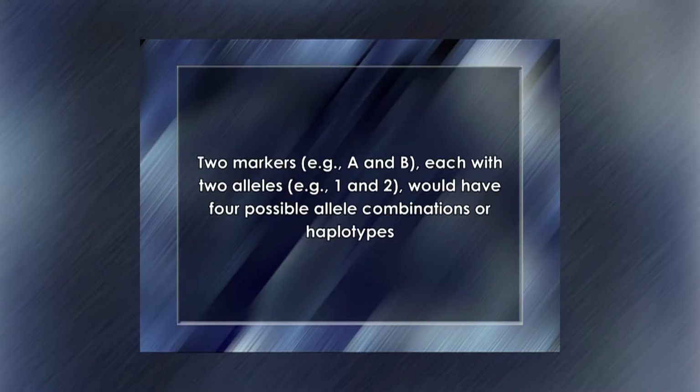Marker genotypes are assigned to all individuals starting with the founders. Two markers, for example A and B, each with two alleles, for example 1 and 2, would have 4 possible allele combinations or haplotypes. For each haplotype, 2 conditional frequencies must be designated, one in the presence of the disease allele and one in the absence of the disease allele.